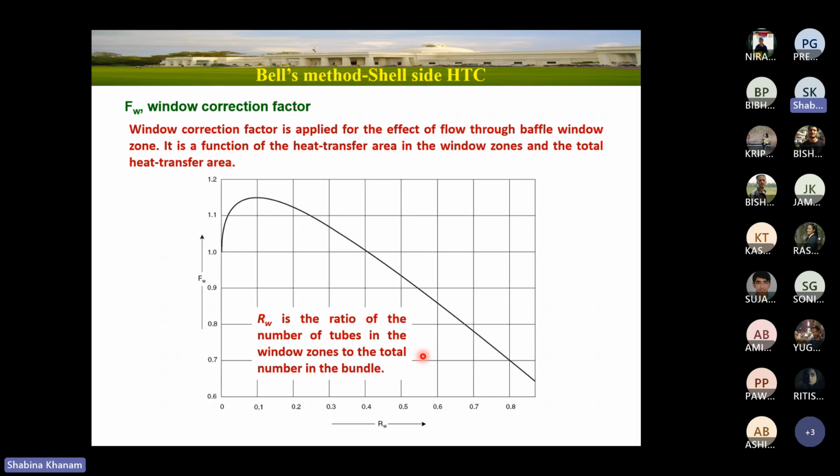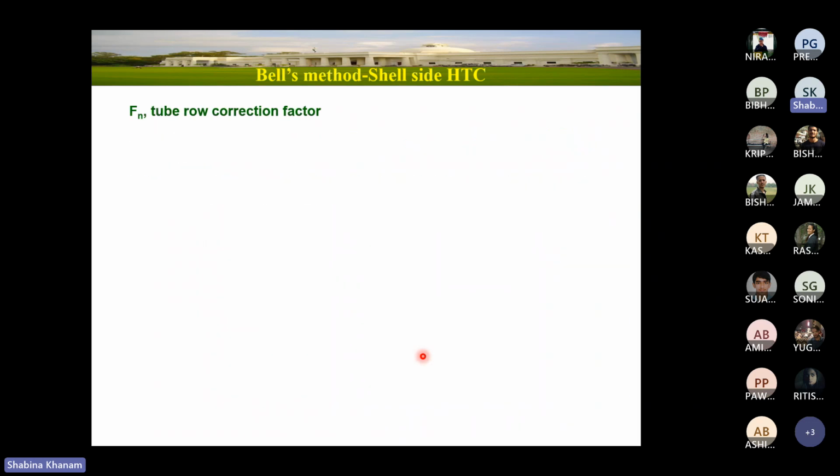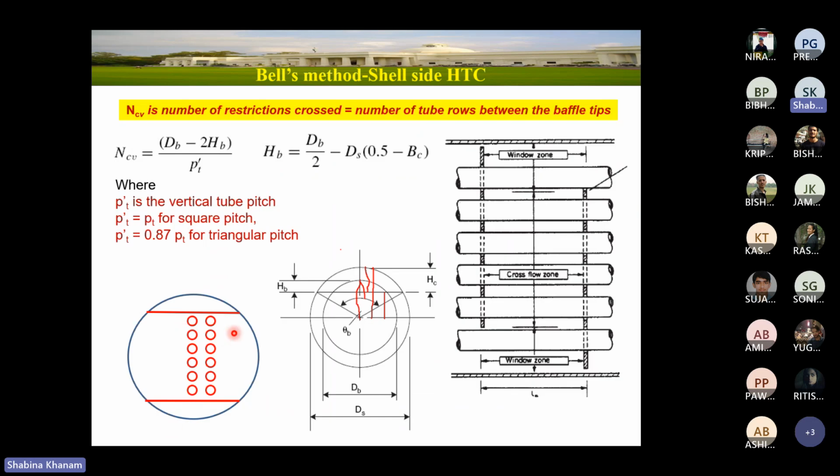What does it mean? Please see this image or schematic. If I fill this complete cross flow zone, or let me tell you in a different way, it is better to understand from this, just give me 1 minute, let me erase this.